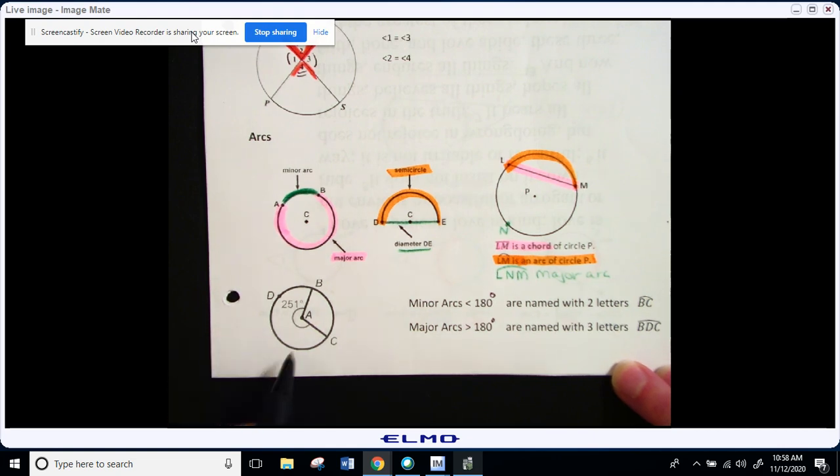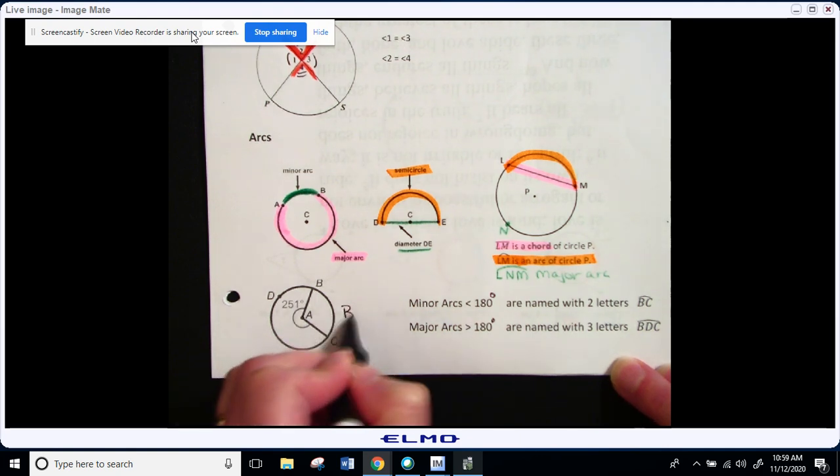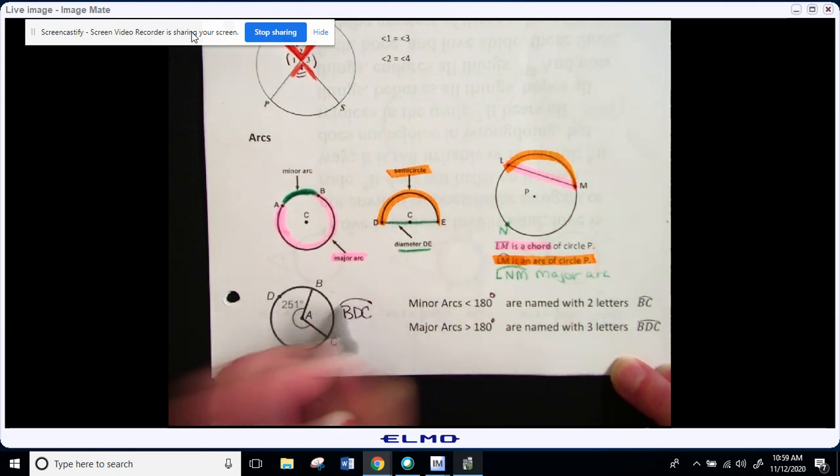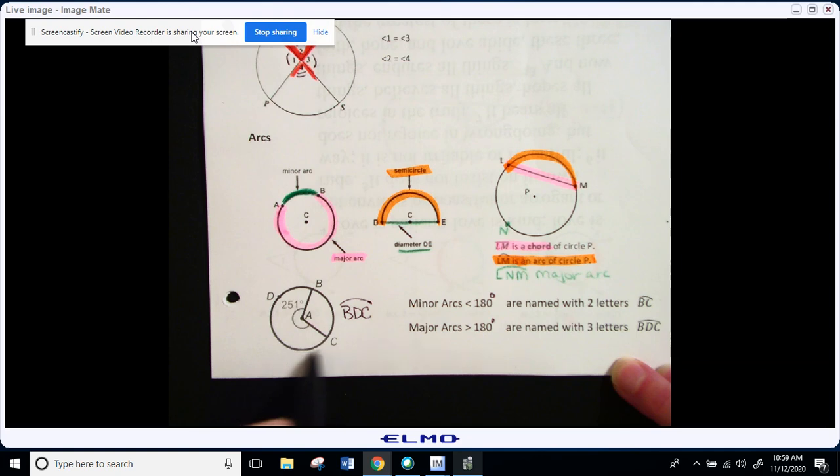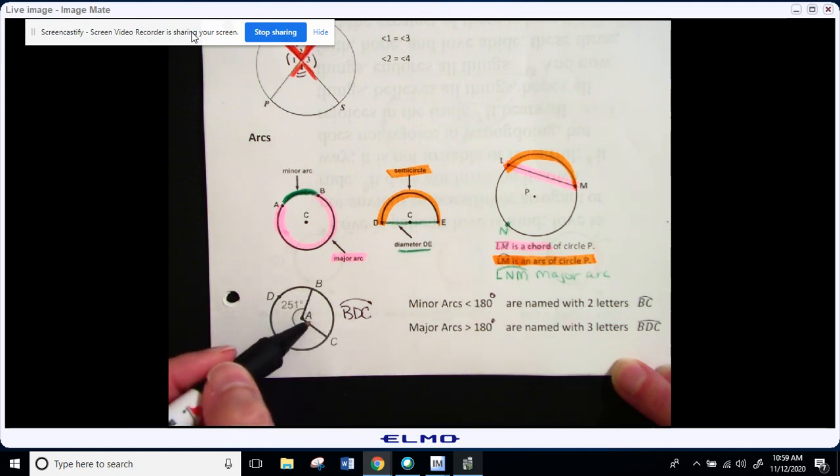And then this one, I would have to talk about this angle right here, BDC. That arc right here would be my larger arc because that is going to be 250 degrees, because if your central angle is 250, then your arc is 250. We're going to get to that in a little bit. And then your minor one here would be 360 minus 251, whatever that angle is, would be this minor arc BC.